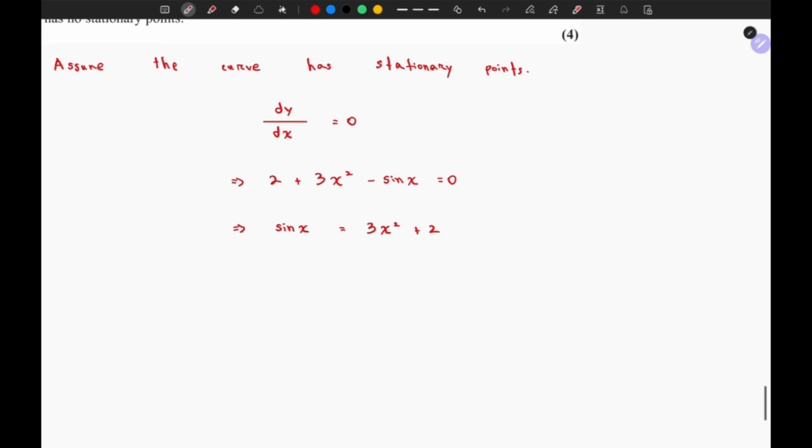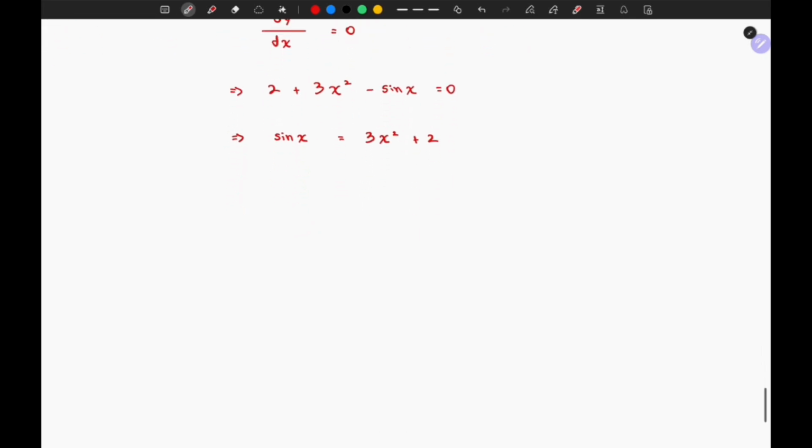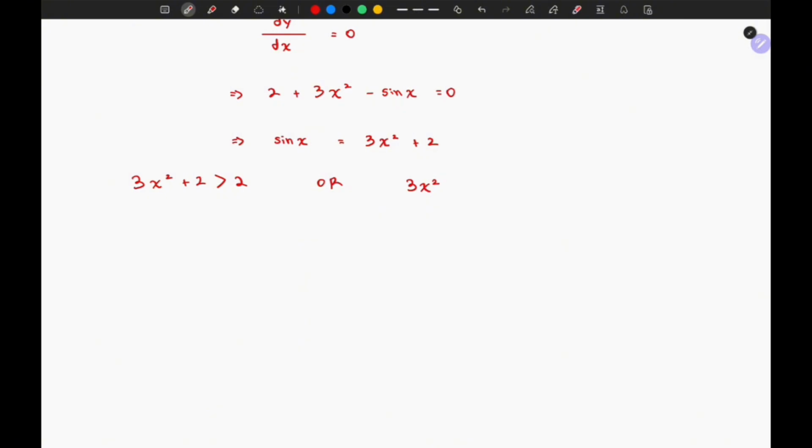Now as you can see, for all values of x, 3x squared plus 2 will always be greater than or equal to 2.